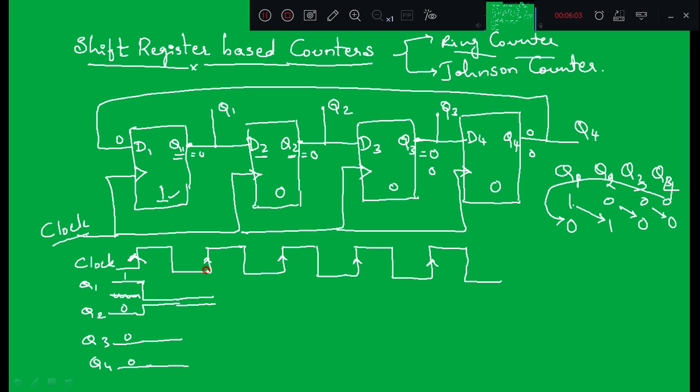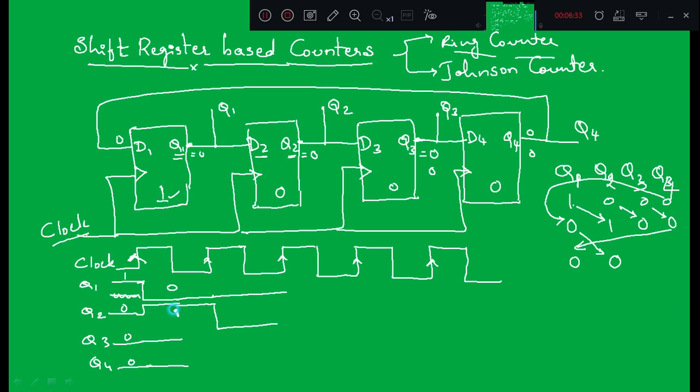Now when the next clock pulse is applied, again Q4 is 0, which is connected to D1, so Q1 will become 0, right? What happens to Q2? Q1 is connected to D2 and Q1 is 0, so Q2 becomes 0.